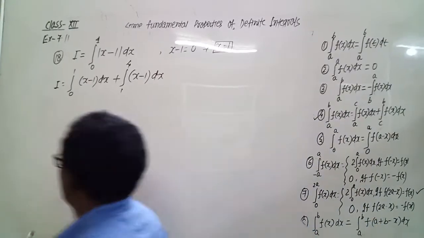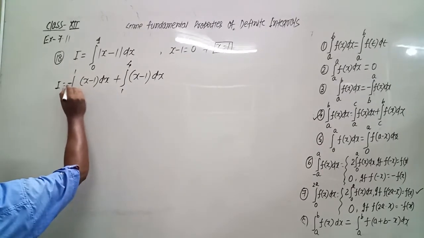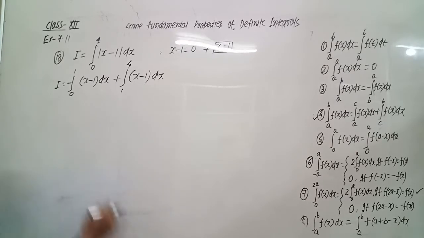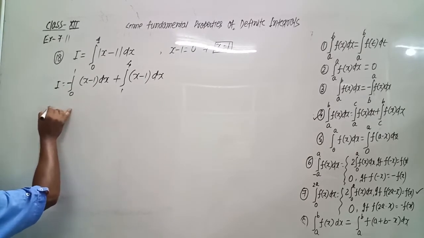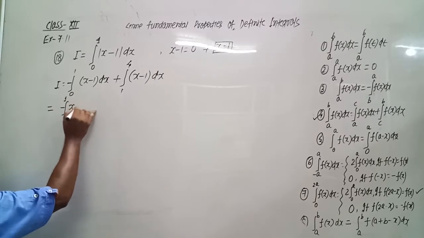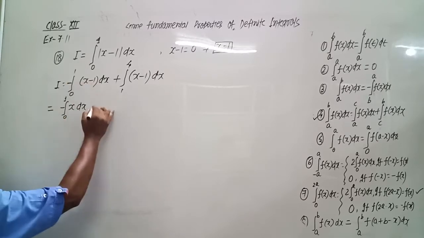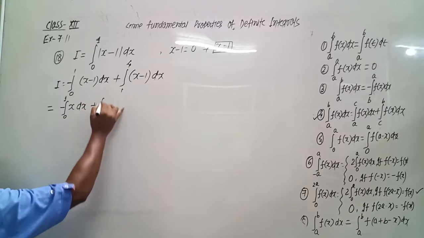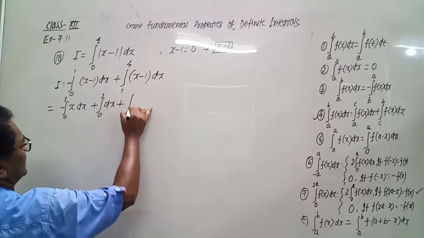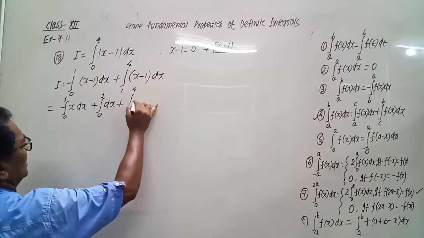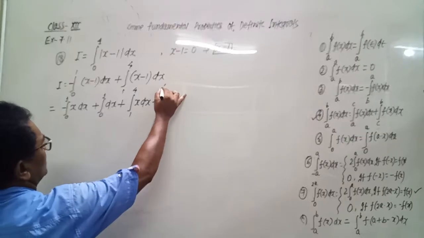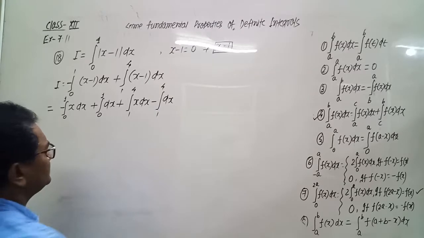So the first integral gives negative, so we put a negative sign here, and here there is a positive sign. Now remove the bracket, so minus integration 0 to 1 x dx, and minus minus becomes plus integration 0 to 1 dx, plus integration 1 to 4 x dx, and minus integration 1 to 4 dx.